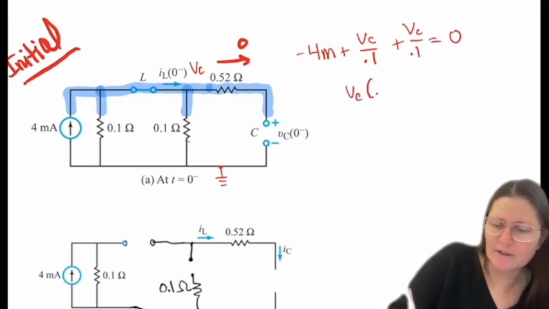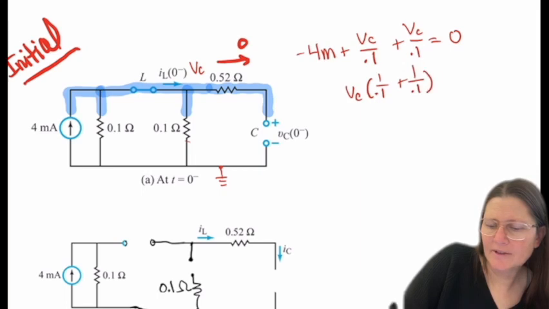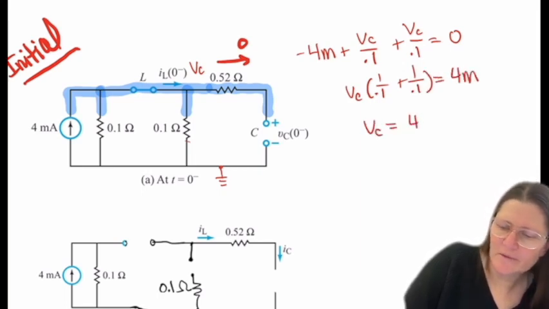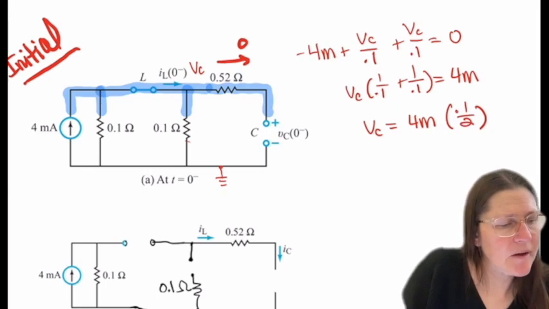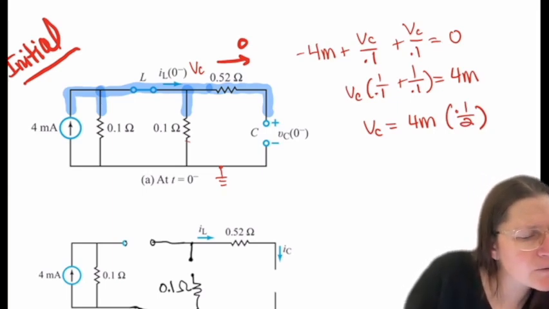And then I can solve this for VC, and that can give me a value for my initial value of 2.2 milli.